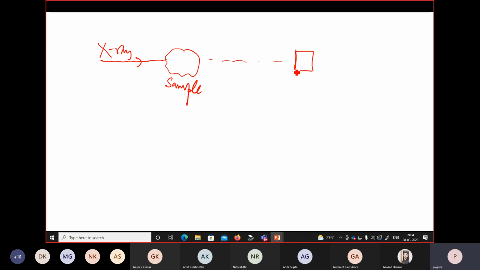So what is this detector doing? It is measuring the scattered X-ray. This is my detector, which can move, and it is measuring the scattered X-ray.